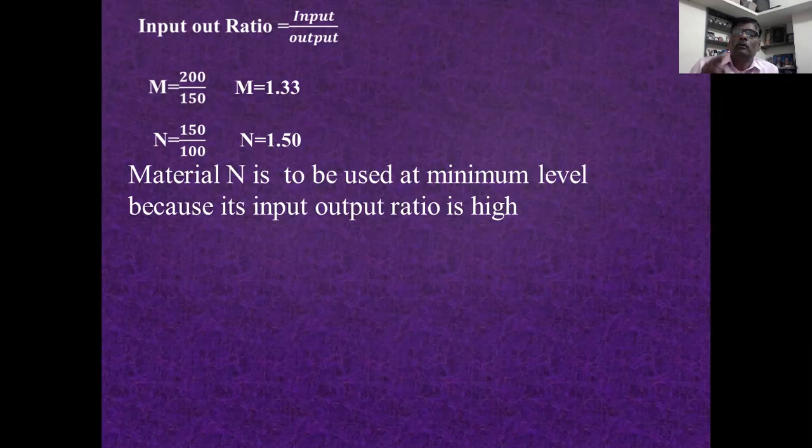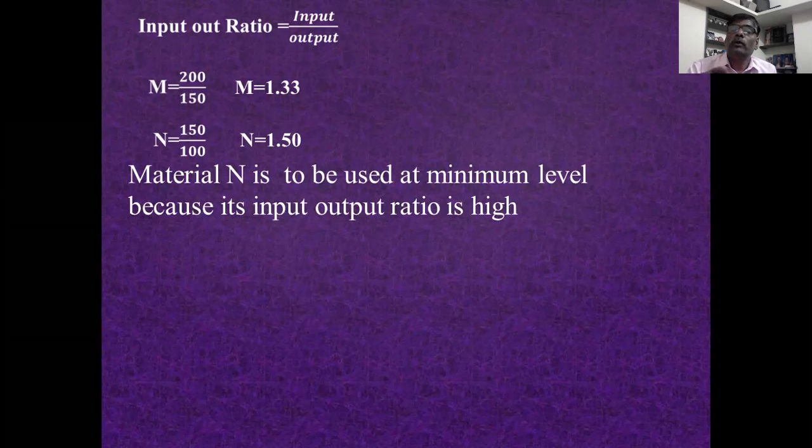So to minimize cost, you minimize N material. Minimum use of N is essential. If you use N material minimum, automatically your cost will reduce. You use M material more because its requirement is less.